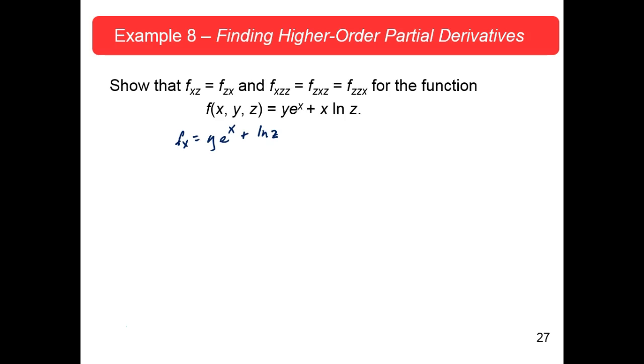So it'd be f sub z. Okay, let's take f sub z. The partial of f with respect to z. And what would that be on the first one? There is no z in that. So you treat y as if it's a constant, x as if it's a constant, e to a constant is a constant, y times a constant times a constant is a constant, and the derivative of a constant with respect to z is 0.